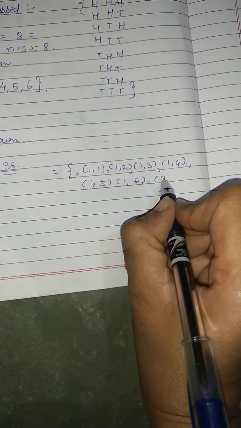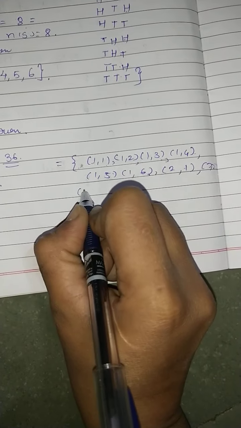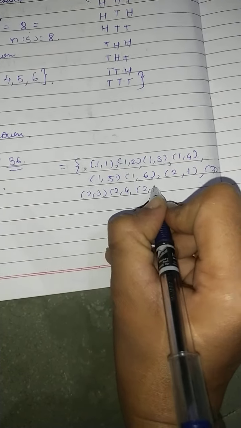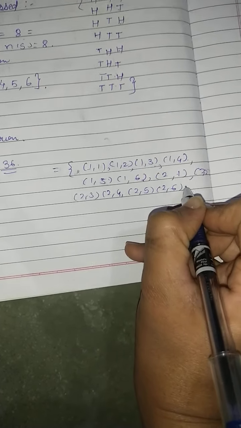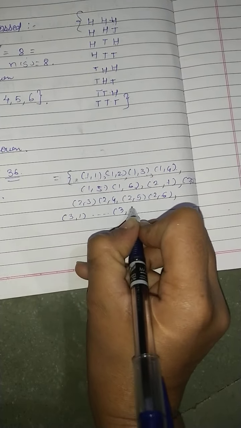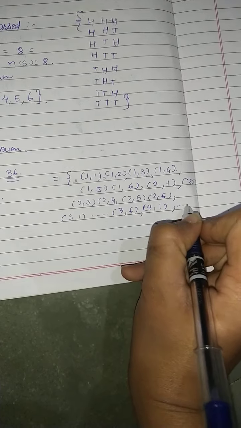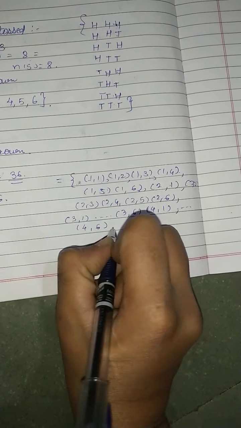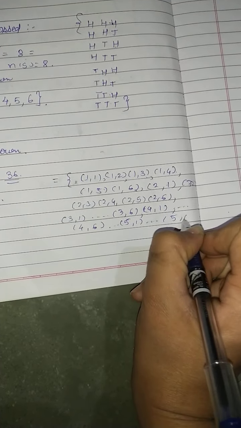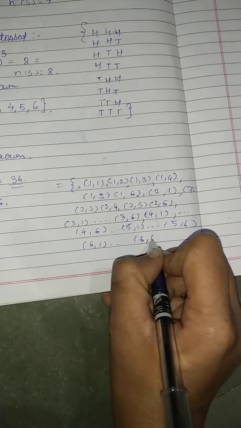Now on the first die if 2 will come, so it is 2 1, 2 2, 2 3, 2 4, 2 5, 2 6. Now with the 3, 3 1 up to 3 6, then from 4 1 up to 4 6, then 5 1 up to 5 6, then 6 1 up to 6 6.